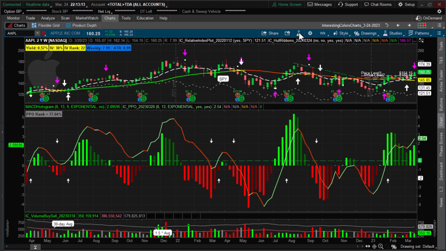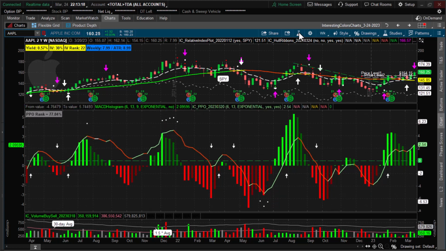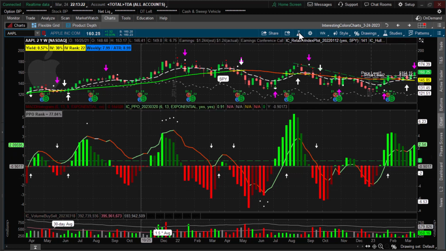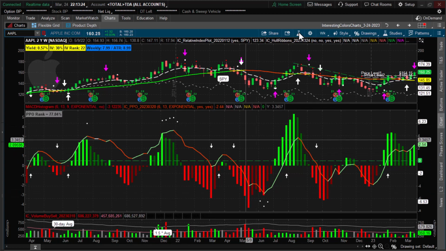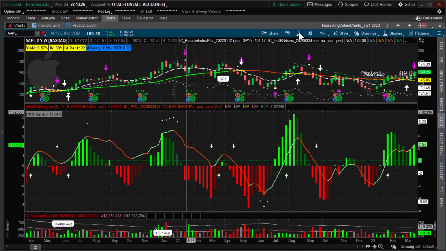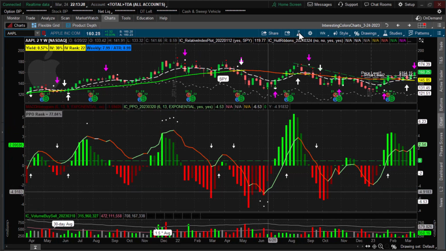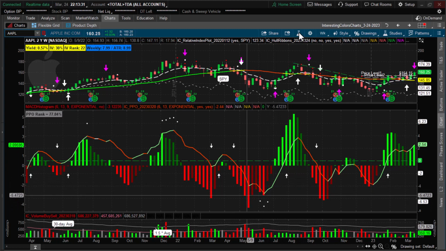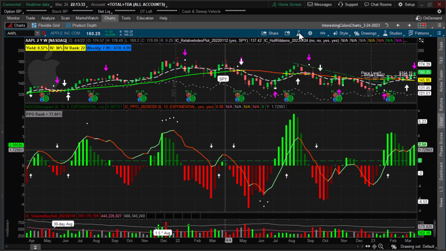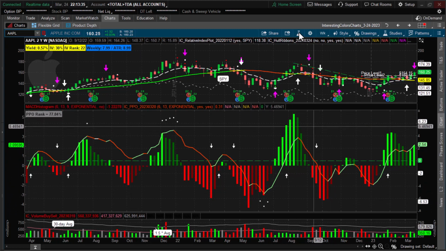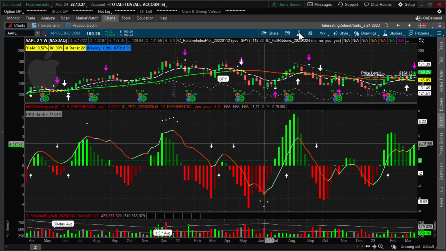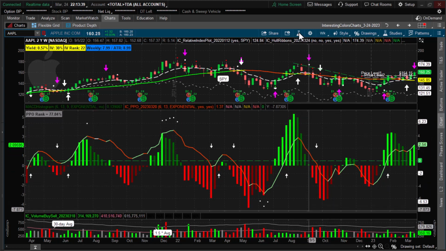The other reference that the PPO has is critical white dots that show up at various spots in there, and what look to be overbought or oversold areas. But the key thing to remember is that there's a third axis on this chart that goes from 0 to 100.